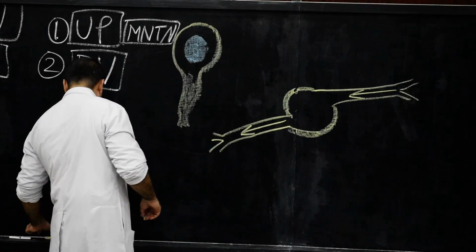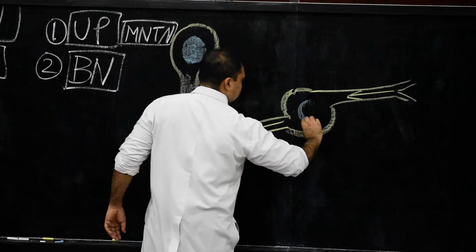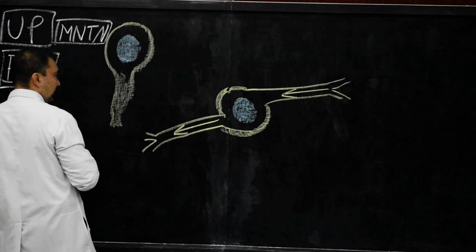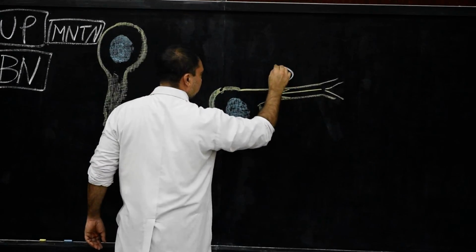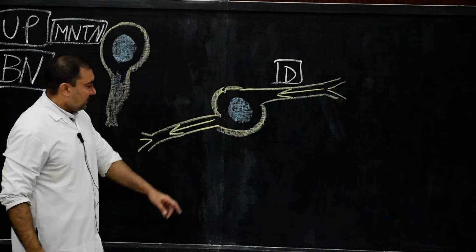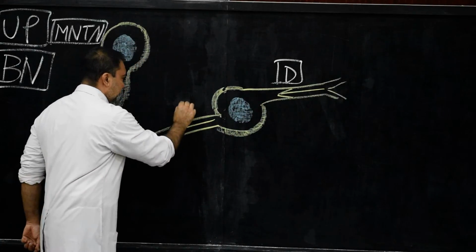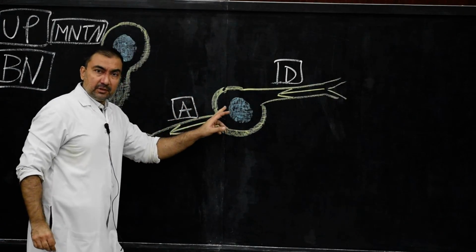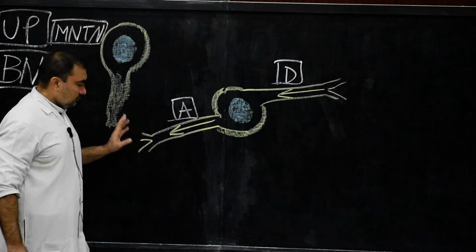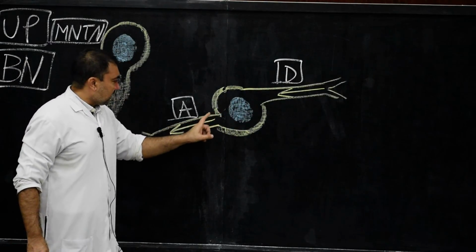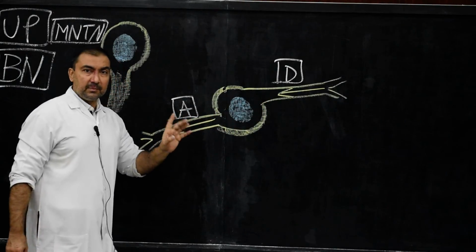Here is the cell body with the nucleus. I name the process coming from the peripheral part of the body to the cell body the dendrite, and the process going from the cell body towards the central nervous system the axon. So this neuron has two processes, dendrite and axon: bipolar.